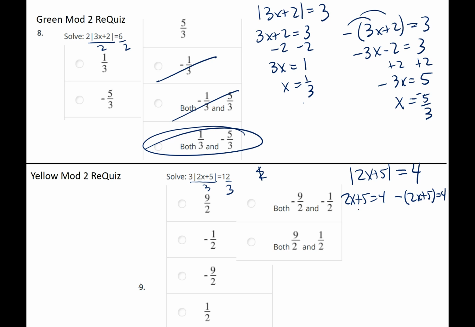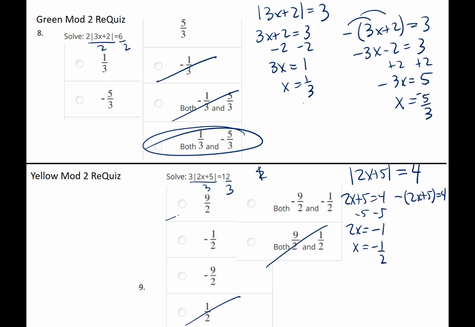Okay, here we're going to subtract the 5. So 2x equals negative 1. We're going to divide by 2. We've got a negative 1/2, so we need a negative 1/2. So my guess is the positive 1/2 is probably out. I could probably guess that that's gone.